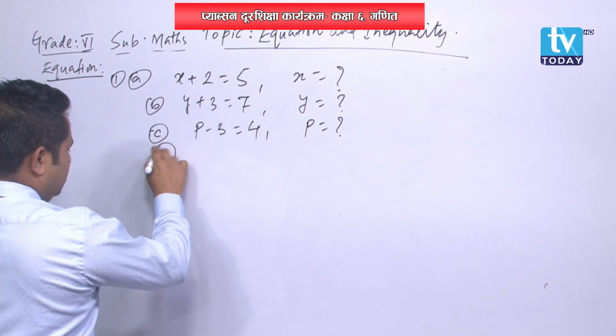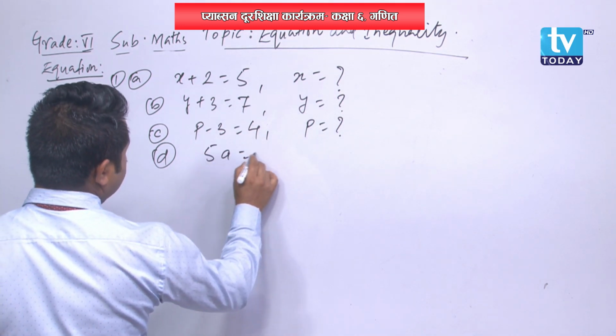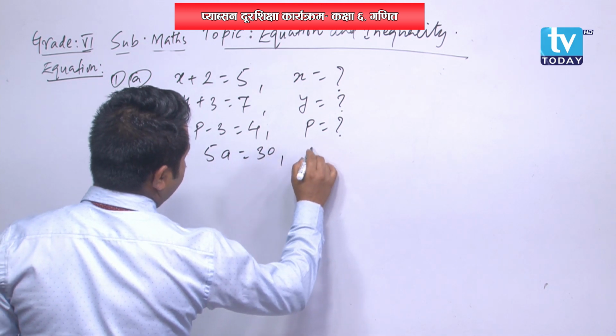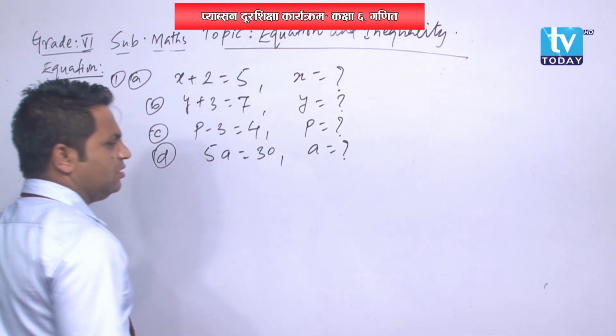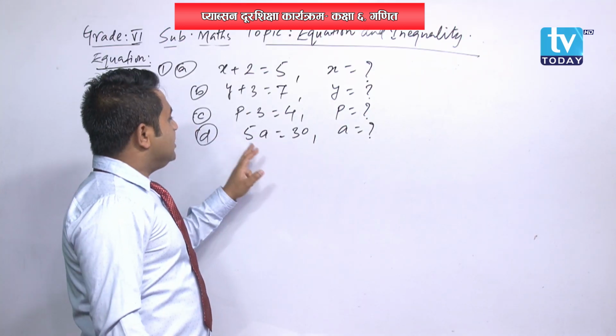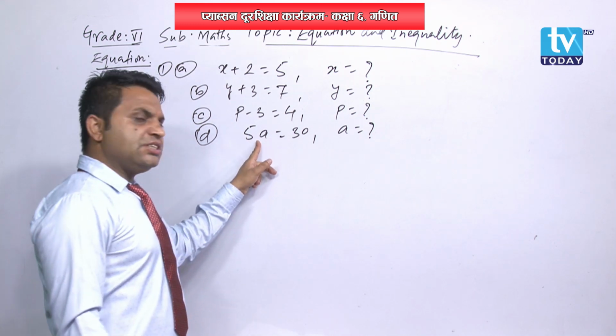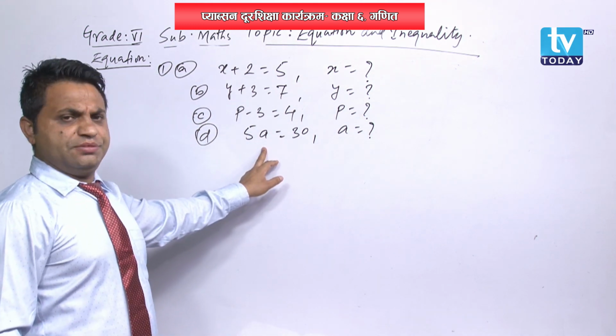Number D: if 5a equals 30, then what is the value of a? There must be a fixed value of a that satisfies this equation.